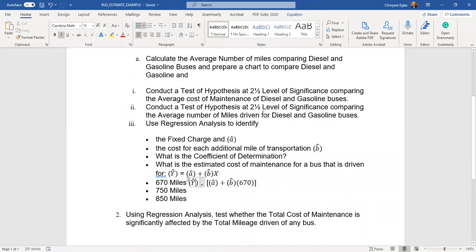All right, so then it says, what is the coefficient of determination? So we're going to calculate the coefficient of determination, okay? I'm going to share screen again, different screen. Professor, is that when we're dealing with R2? Yes, that is R squared.